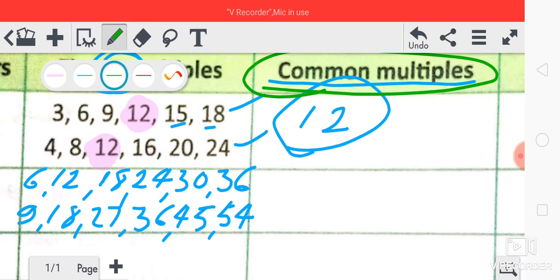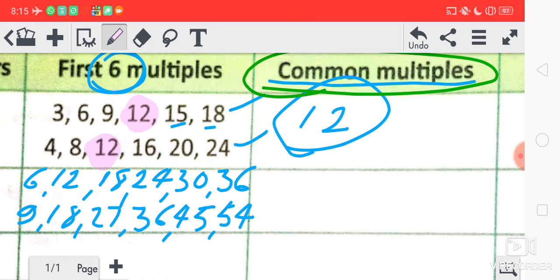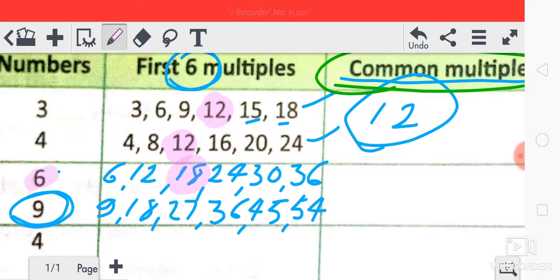So we'll see here which we are getting in both. You can see here 18 we have got as a multiple of 6 also, and multiple of 9 also, we are getting 18. Then which one are we getting in both? 36, you can see here, 36 here also and 36 here also.